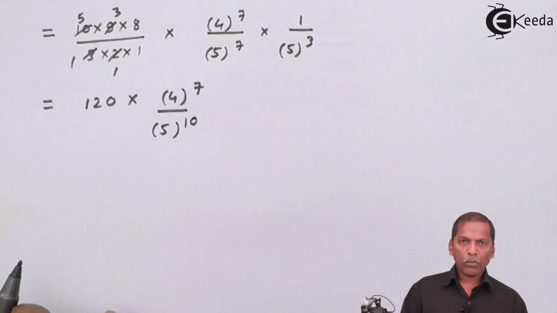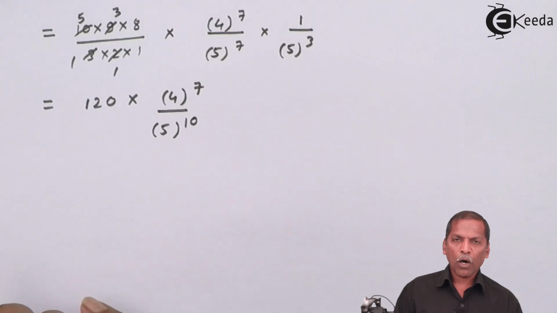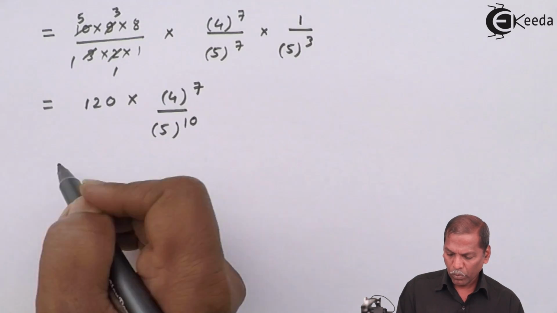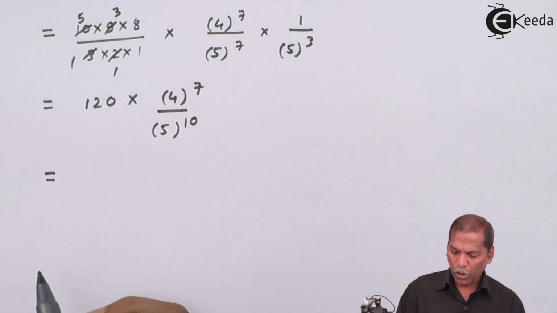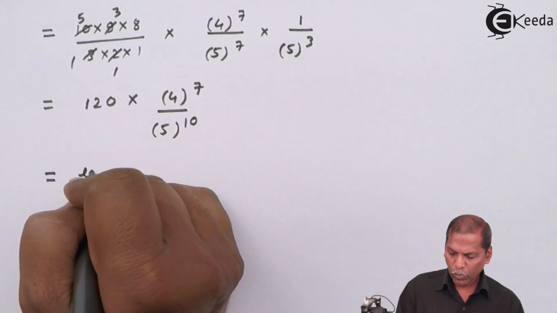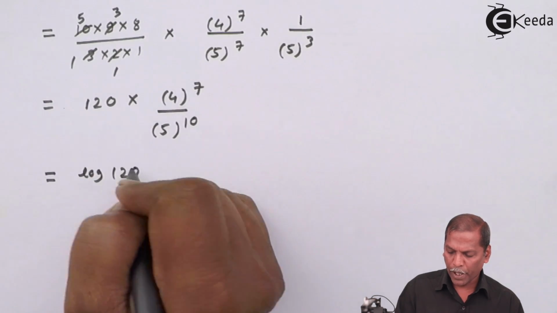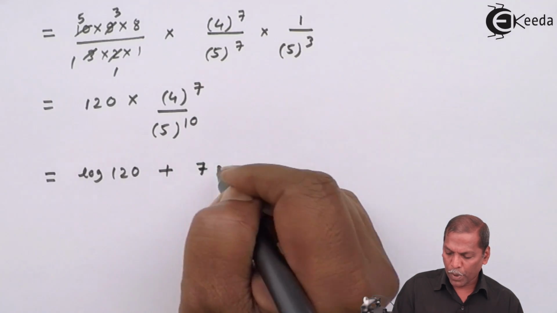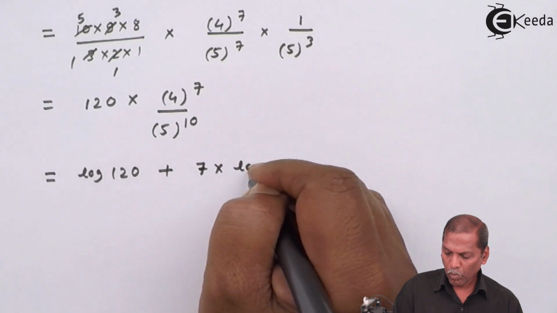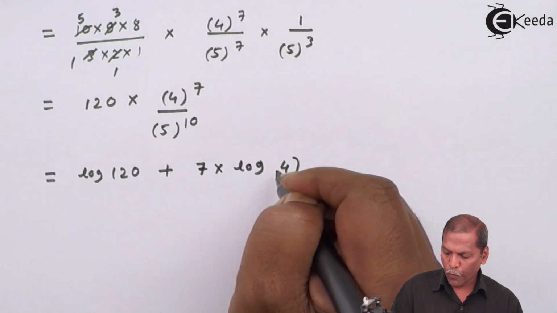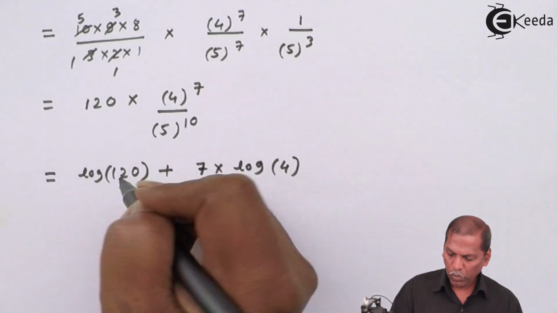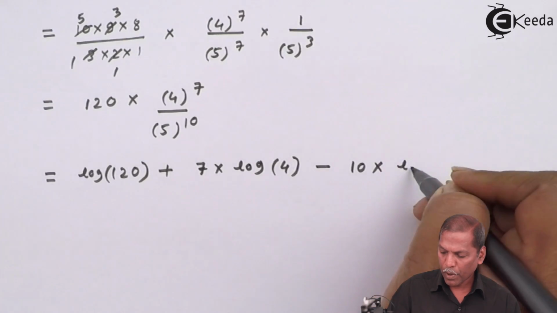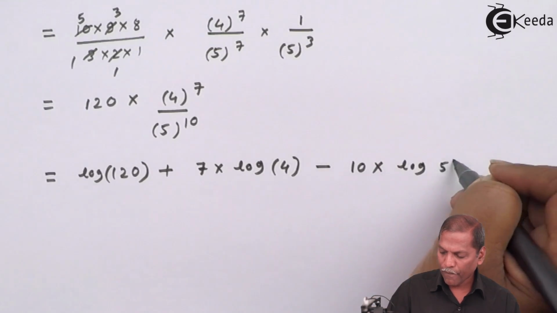Now this part we can solve by using the log table. So that equals log of 120 plus 7 times log of 4 minus 10 times log of 5.